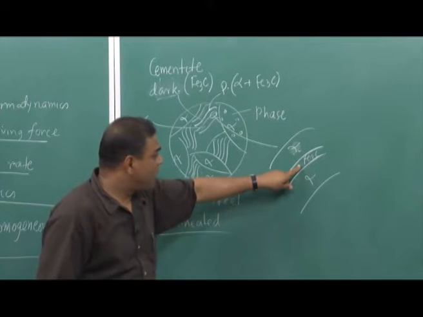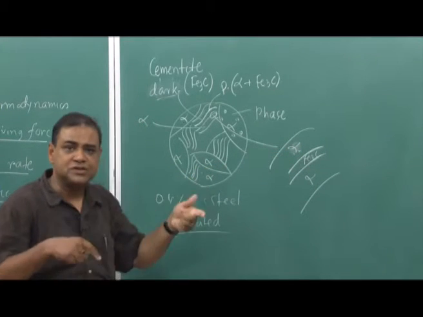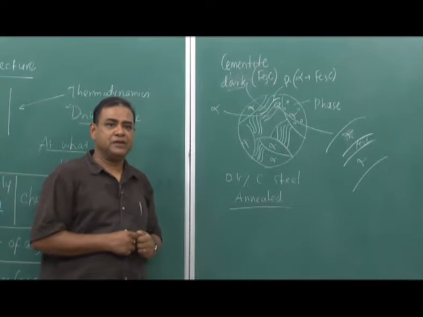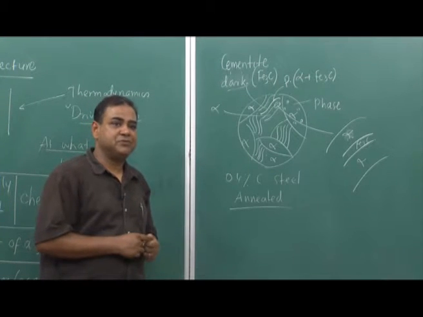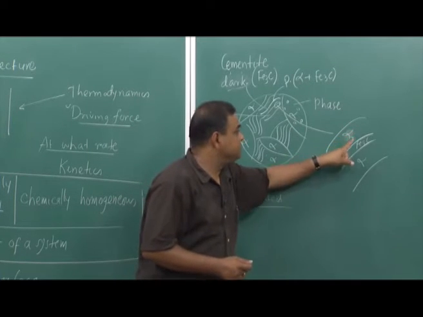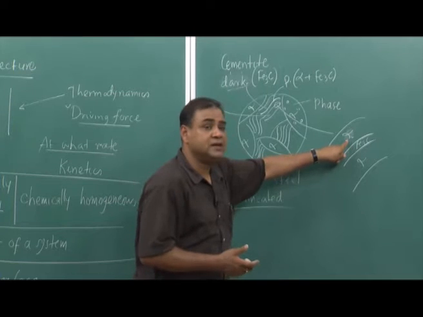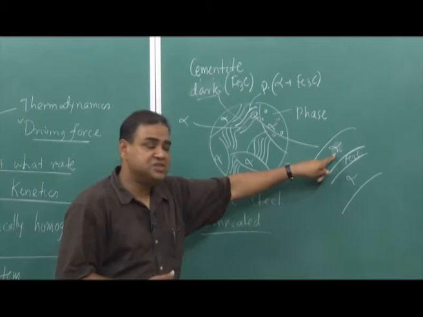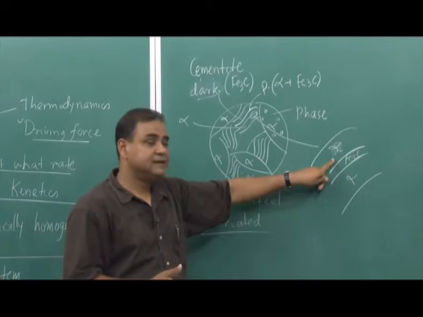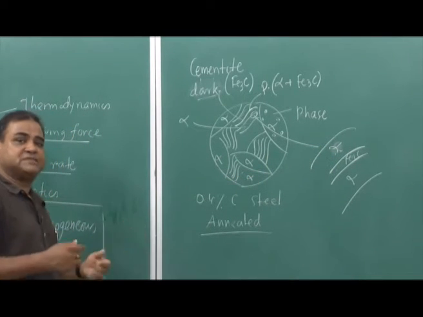Now, adjacent to that, that alpha is also surrounded by a boundary, and it is separated from the rest of the system, and every point in this would have the same composition. So, that means it is also a chemically homogeneous, physically distinct part of the system, separated by a boundary from the rest of the system.